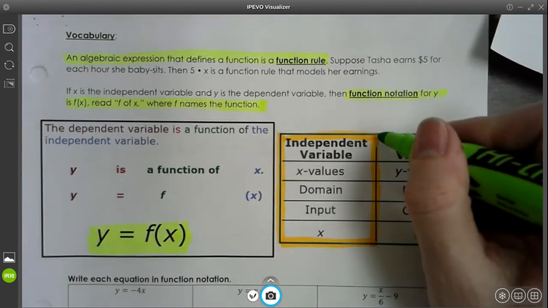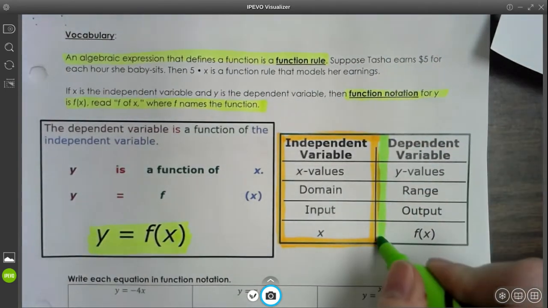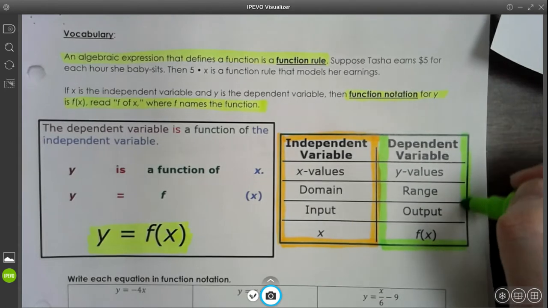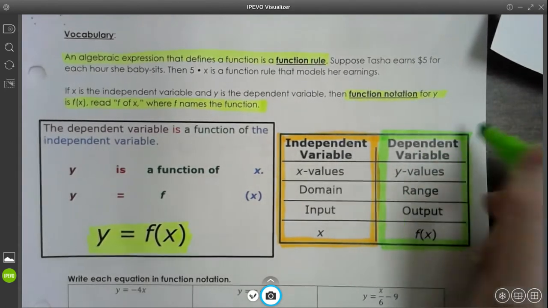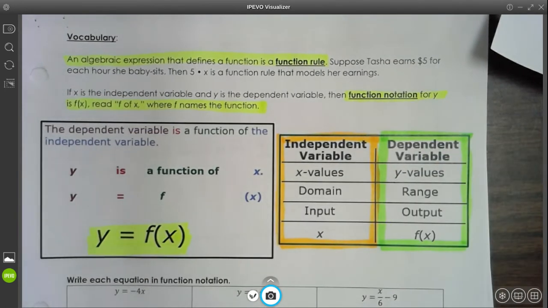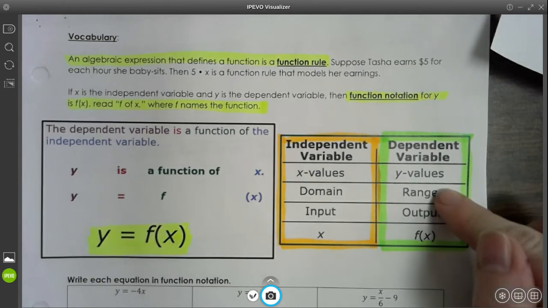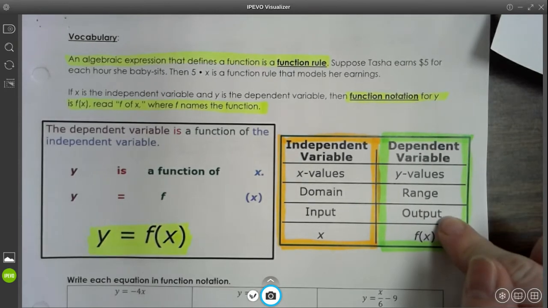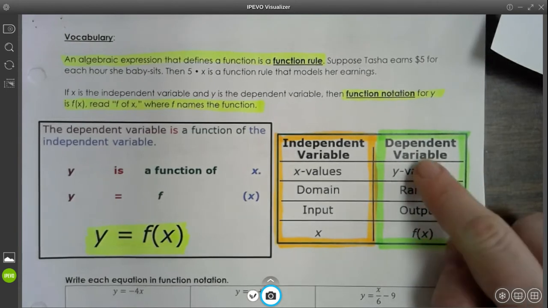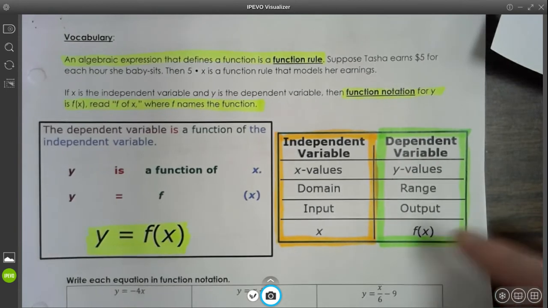And the dependent variable has all of these ways that we can call it now. This is it, I promise. There's not going to be any more. The dependent variable are the y values, also known as the range, also known as the output. And if we're talking function notation, instead of calling it y, we can call it f of x.